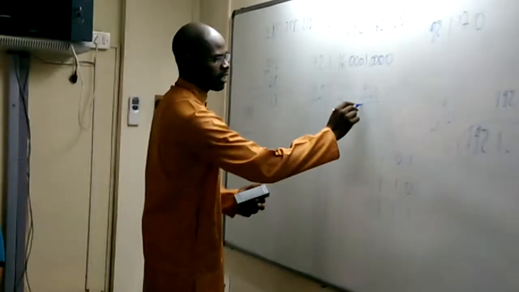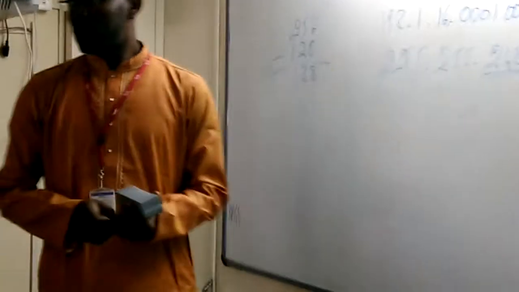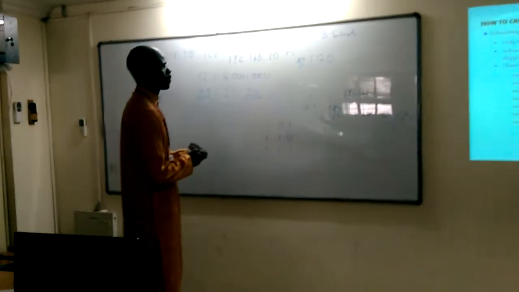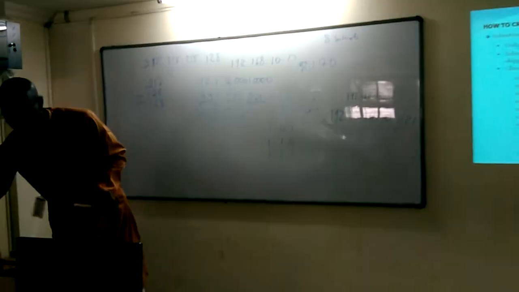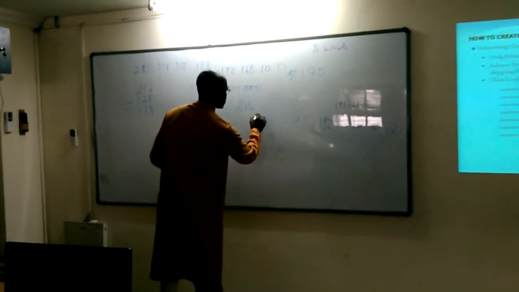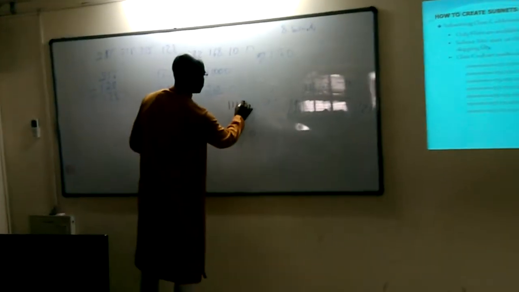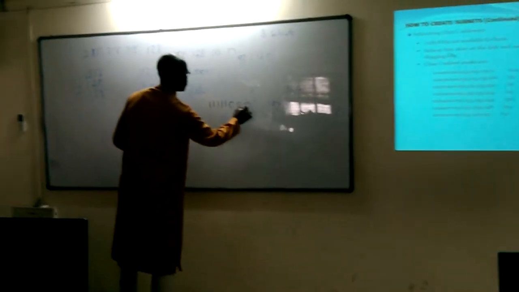And then here, what is the value? We have 1, 1, 1, 1, 1, 0, 0, 0.